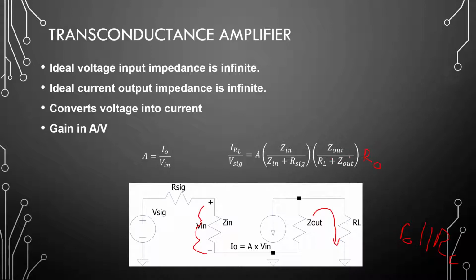So if you'll notice right here, if we add our load, which is our output loading at this point, this is a parallel combination of R load and R out, and then it will be a voltage amplifier.